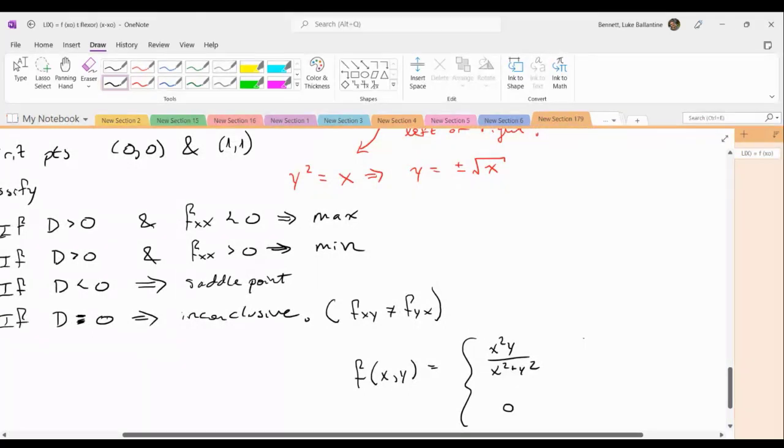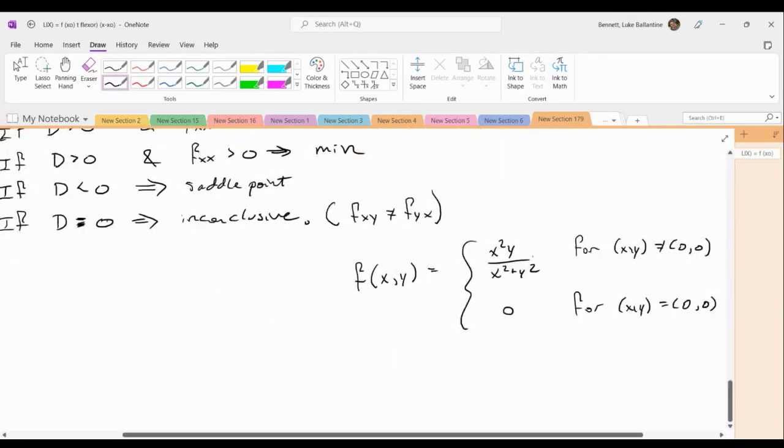So for all x, y in R2, oh, you don't know what this means. So for all x, y not equal to 0, 0, and for x, y exactly equal to 0, 0.